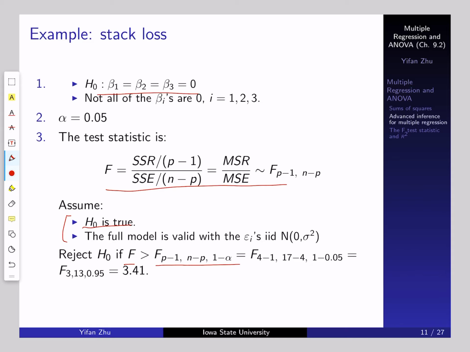So in this case, p is 4, so p minus 1 is 3, and n is 17 and p is 4, so 17 minus 4, and alpha is 0.05, so we use the 0.95 quantile. The value can be found in the table, and the value is 3.41.